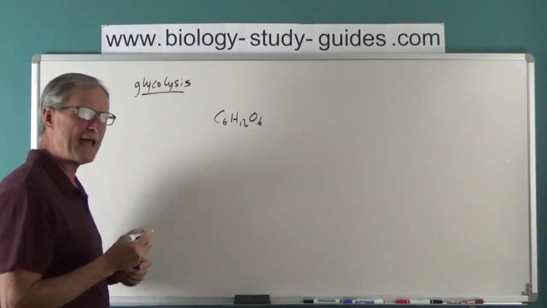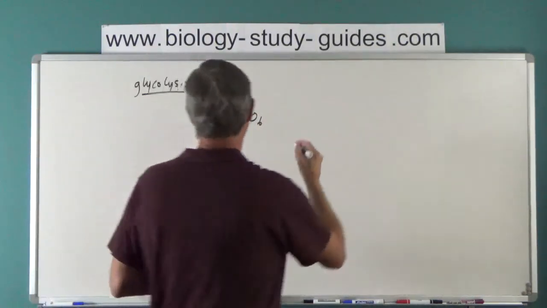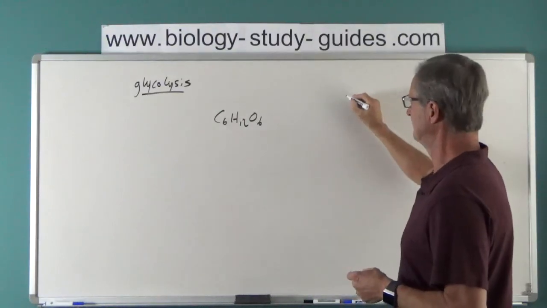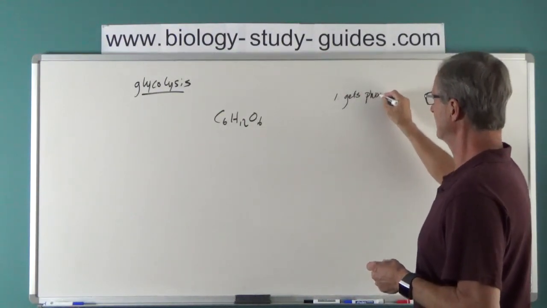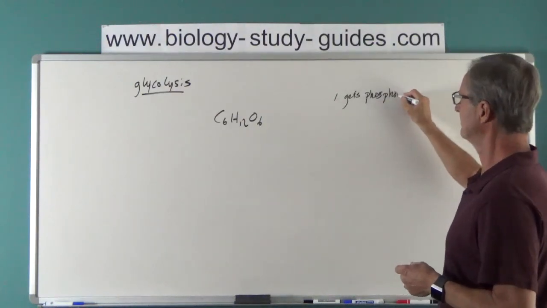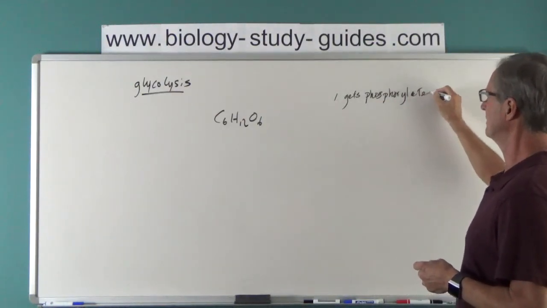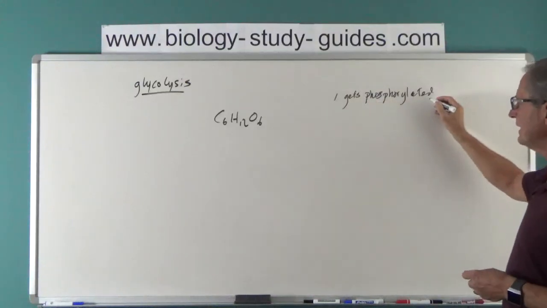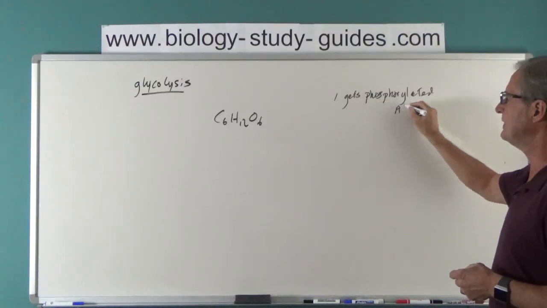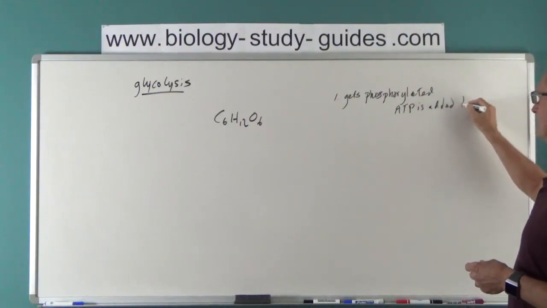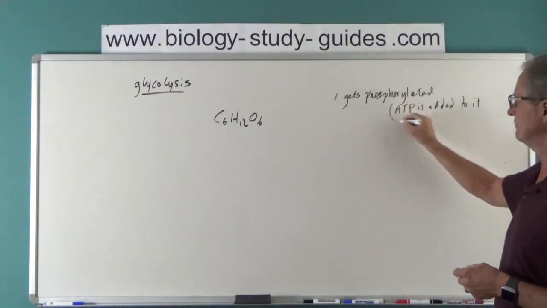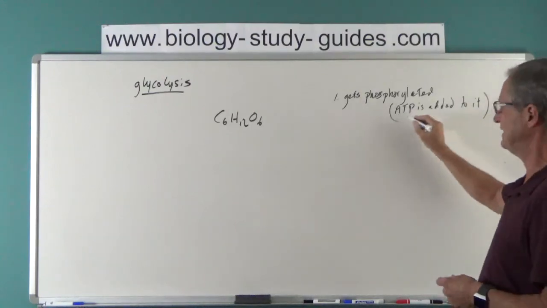The first thing that happens is it has to be phosphorylated. It gets phosphorylated, basically ATP is added to it. Two ATP get added to it.